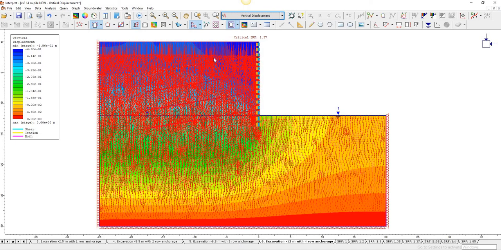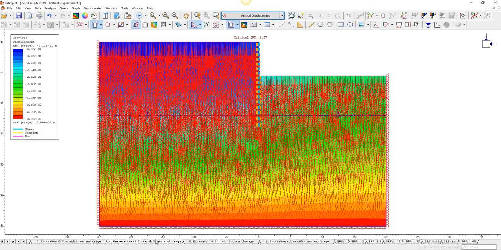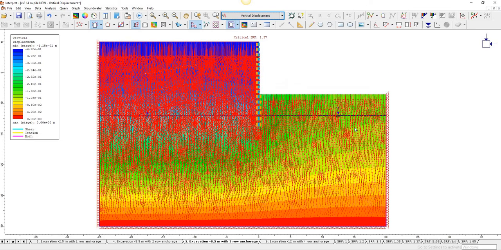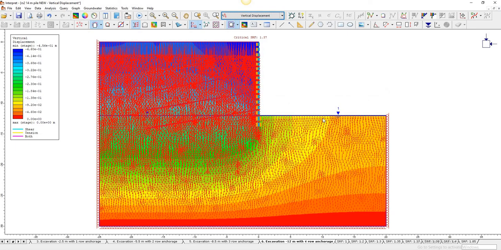As you can expect from this soil type, we have the NC and the OC clays. So basically we will see that there is a settlement that occurs when the excavation proceeds to a deeper stage. So we can expect some settlement will occur instead of heave.